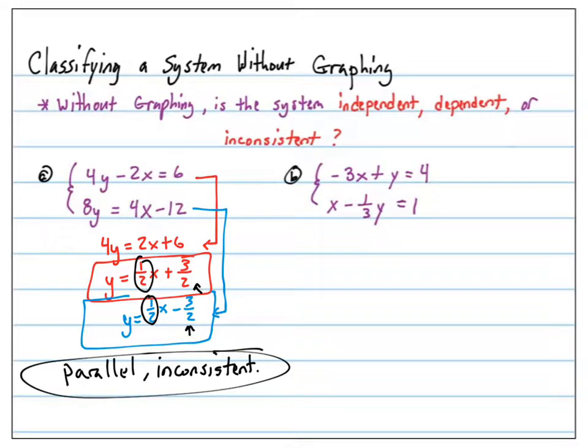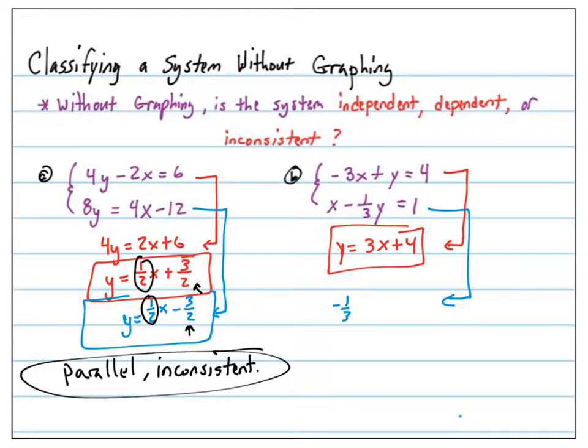We can do the same thing for question B. We're going to rewrite this, so we have to get y by itself. That means adding 3x over. So y equals 3x plus 4. For the other equation, we have to get y by itself, so we've got a little bit more work to do here. We've got negative 1/3 y equals negative x, because we subtracted it, plus 1.